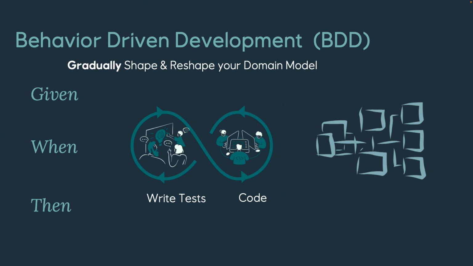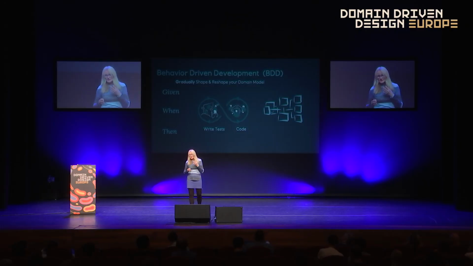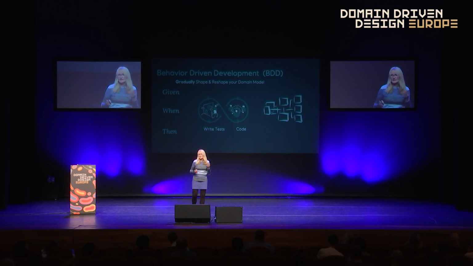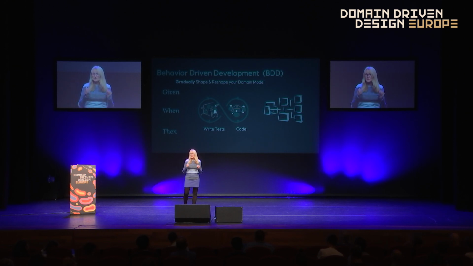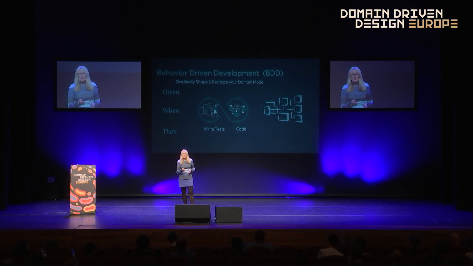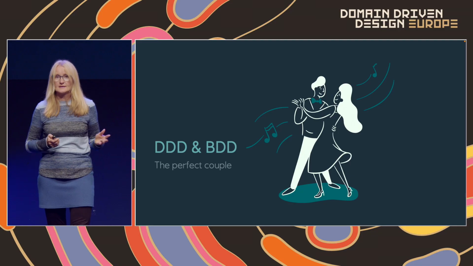It makes it so much easier to work with. And for me, writing tests and writing the code is kind of like a dance. You write some tests, you write some code, and you go back and forth. And the perfect couple for doing this dance is BDD dancing with DDD.